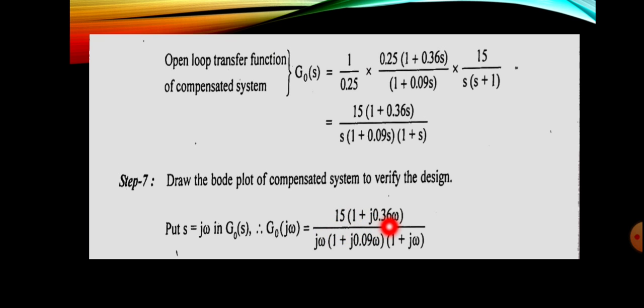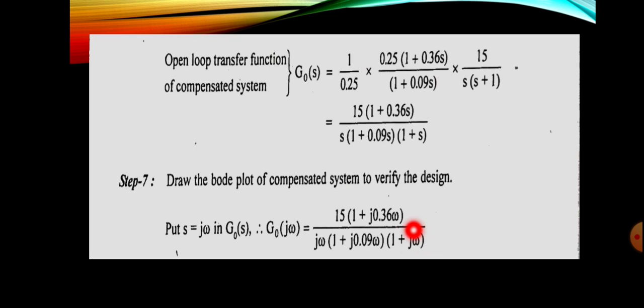First of all, at the numerator 0.36 omega, that is tan inverse 0.36 omega is one term, at the numerator, so it will be positive. Next term is j omega, and its phase will be minus 90 degrees since it is coming at the denominator side. And the next term is this one, and it will be minus tan inverse 0.09 omega since it is at the denominator side.